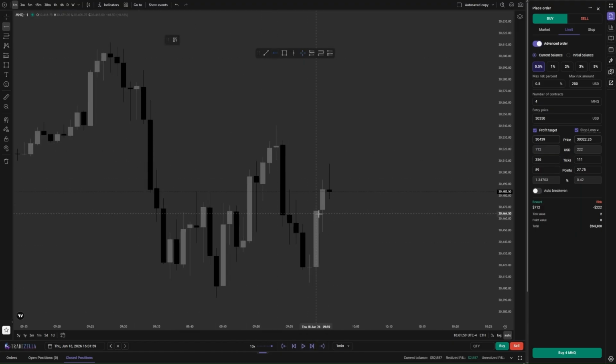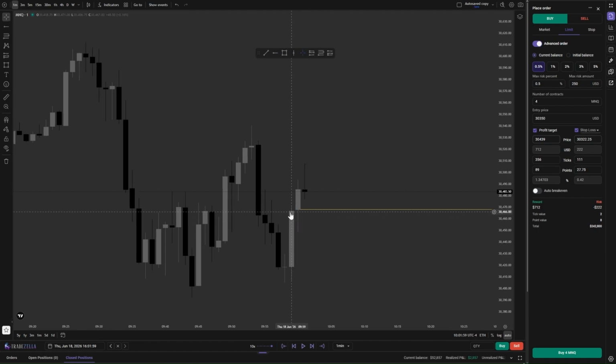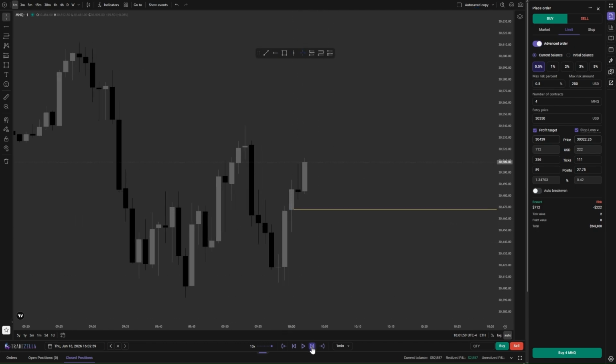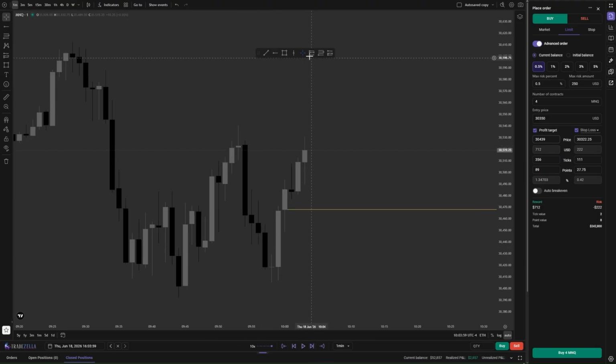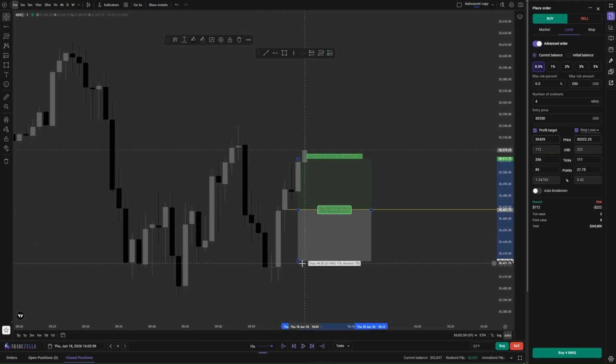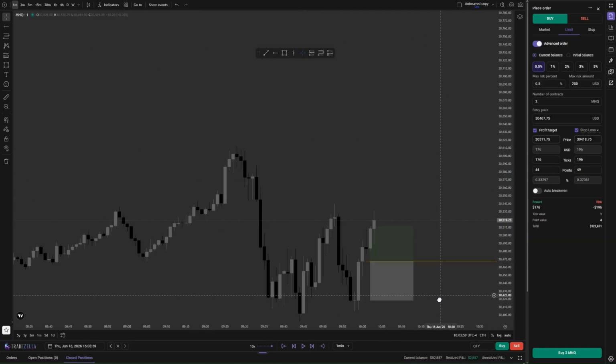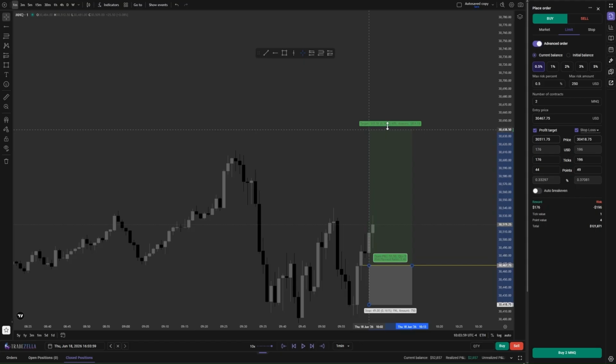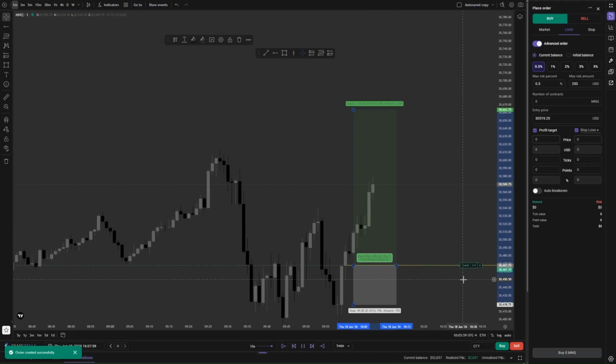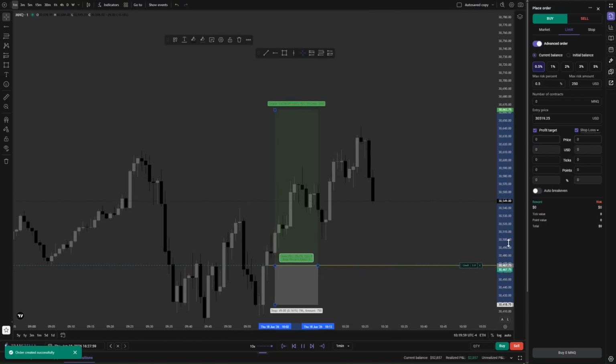Okay, here we did form a wick, and there's this. Okay, I went in on this actually. Have my stops maybe a little big, but targeting 1 to 4. The stop is too big, but no problem. We'll still get our reward.